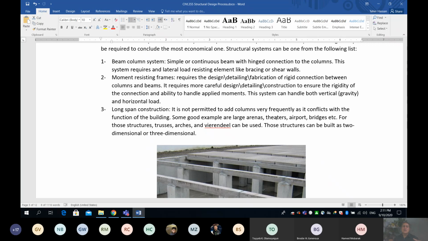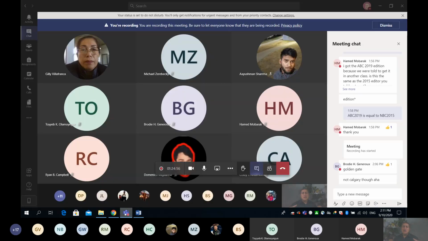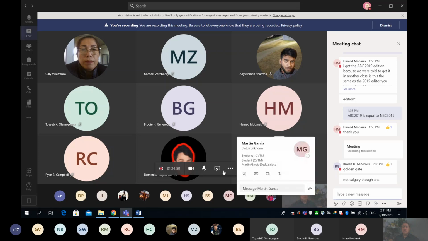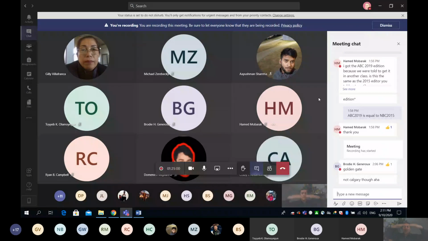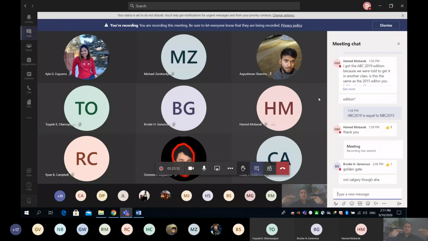When you look at the loads on the building, some of them act vertically, like gravity, and some of them act mainly horizontally, like seismic and wind. I'm asking you, if you have a beam, does it take care of the gravity load or the lateral load?